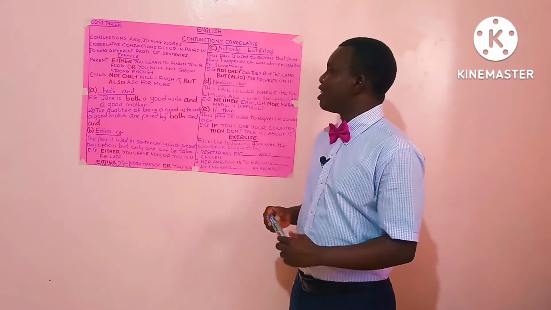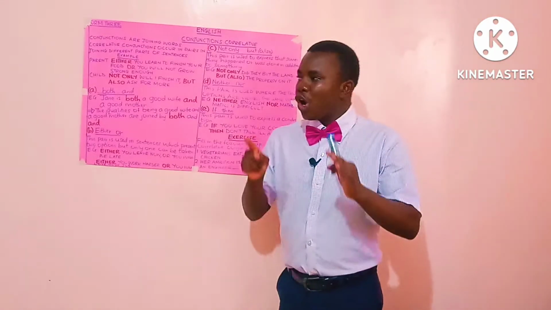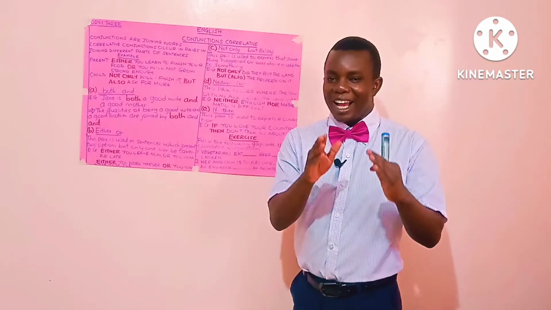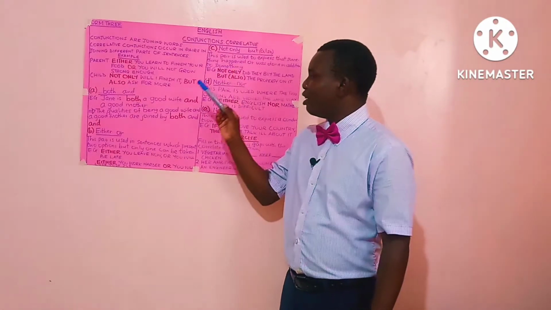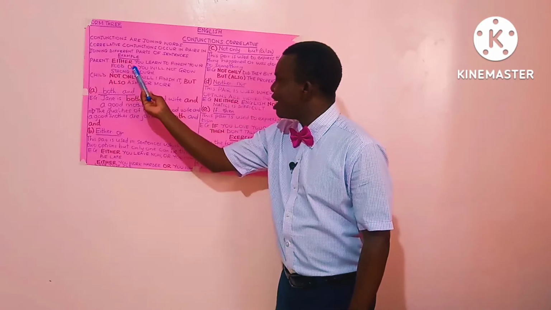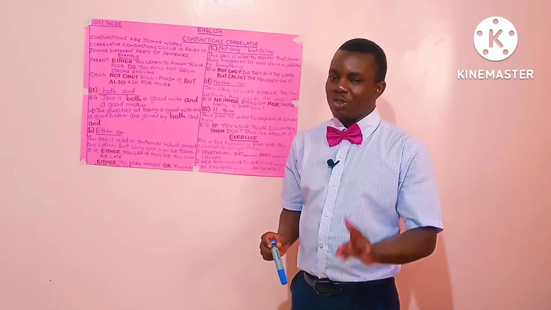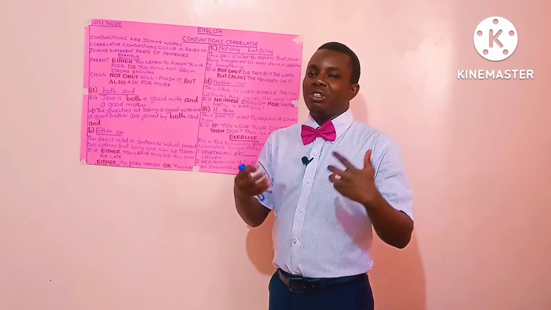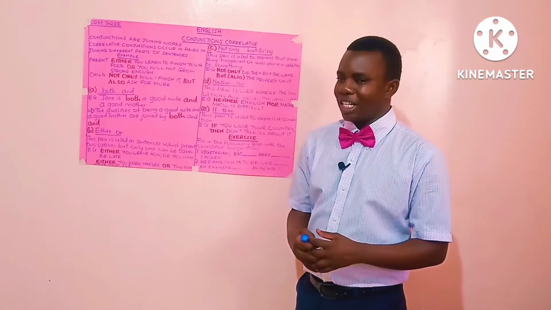The parent says, "Either you learn to finish your food or you will not grow strong enough." So the words written in red are either and or. Those are correlative conjunctions. They are two words that join together to join different parts of a sentence.